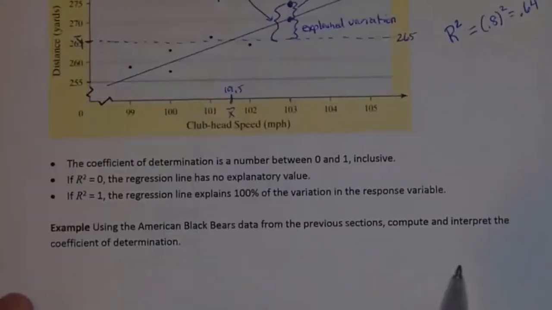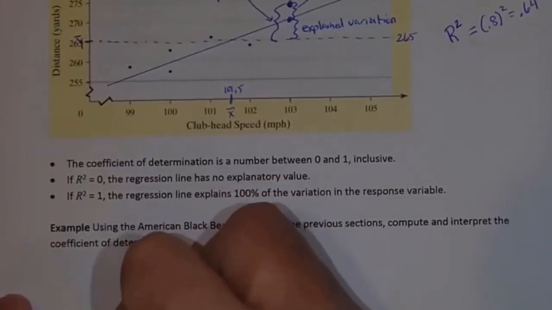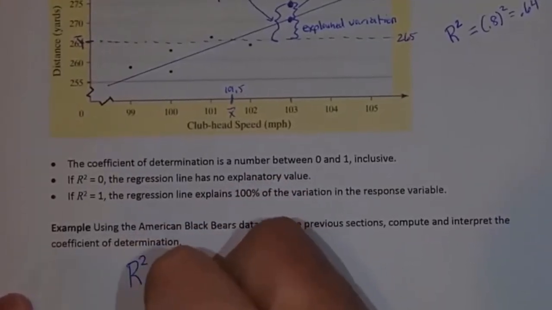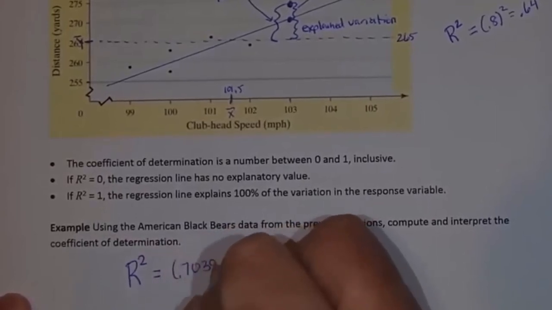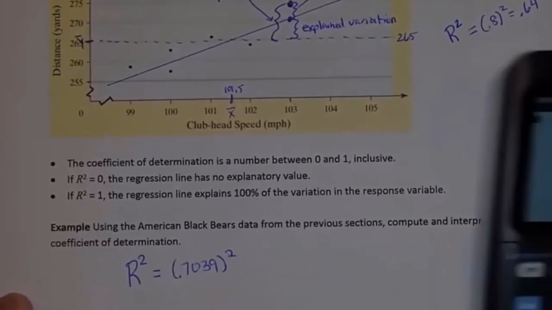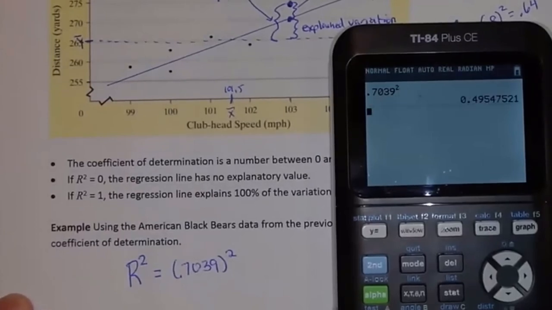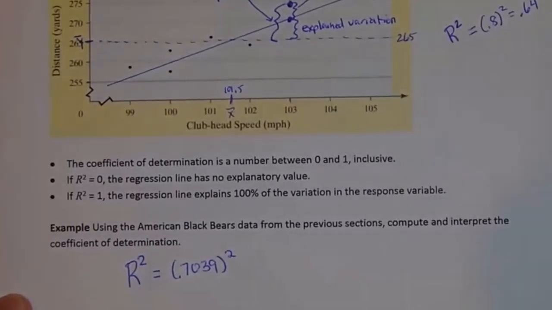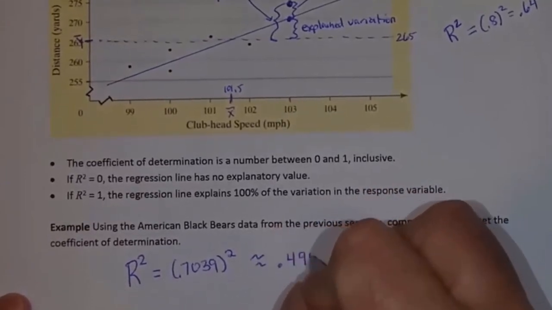So if I want to find the coefficient of determination, which is again going to be denoted by capital R squared, that's going to equal 0.7039 squared. So if I take 0.7039 and square that, that is going to equal approximately 0.495.